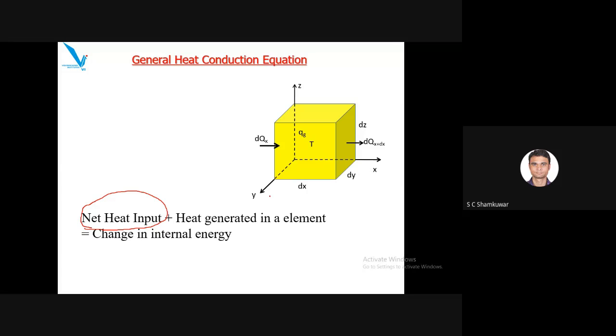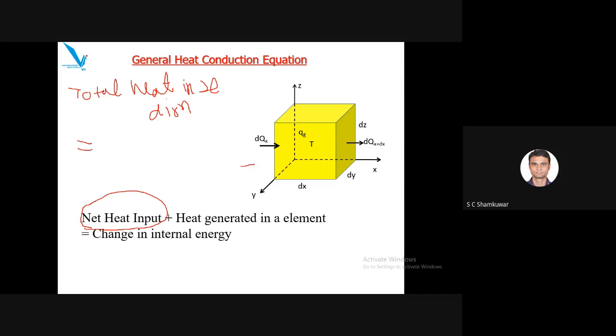Now what is the total heat in x direction? Can you tell me? In x direction, what is the total heat?